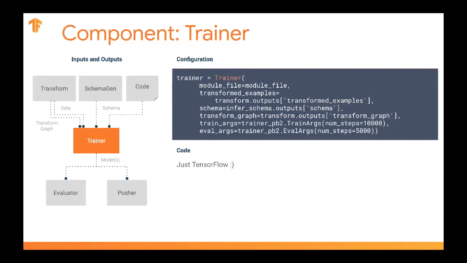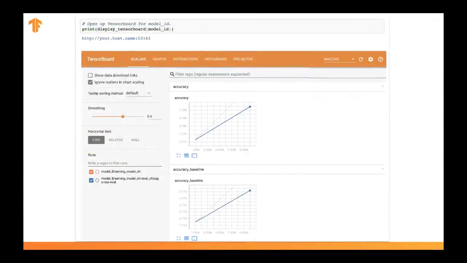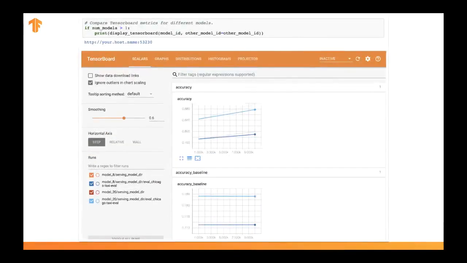The code for Trainer is about what you would expect. It's a TensorFlow model, first off, and then configuration parameters like the number of steps. You can also use TensorBoard with Trainer to analyze the training process, including comparing execution runs or training runs on your model that may have been done months apart to try to understand how your model changed over time.